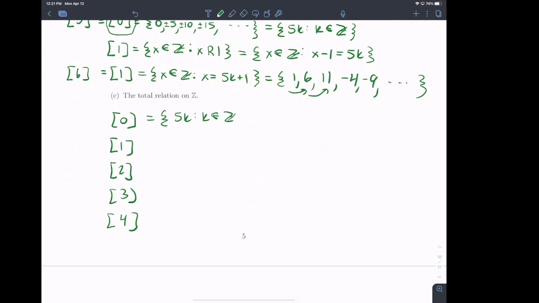This would be the set of all things that are multiples of 5. These are all the things that have remainder 1 when we divide by 5, and so on.